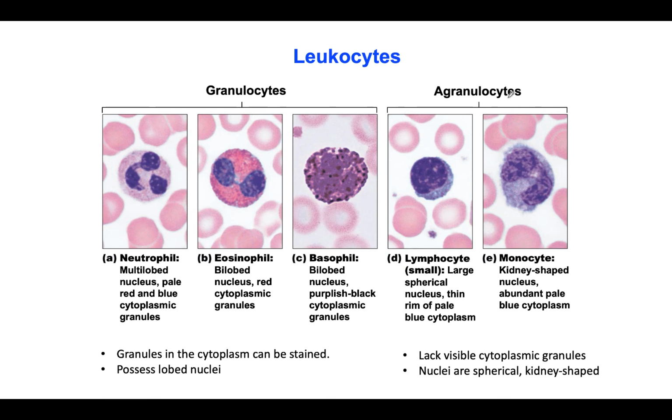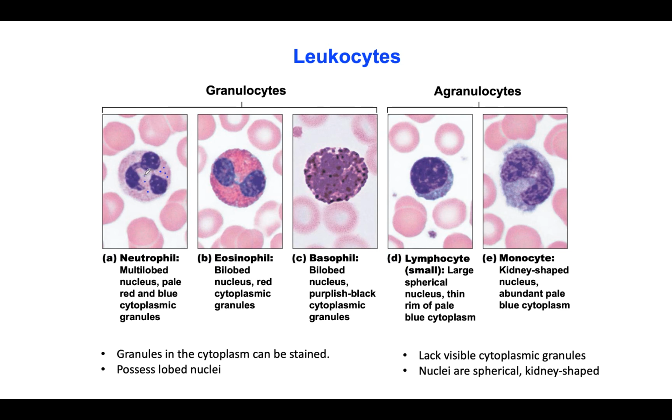In terms of agranulocyte, they also have a nucleus. Lymphocyte has a large nucleus, and monocyte has a kidney bean shaped nucleus. Granulocyte has granules in the cytoplasm. Here's the nucleus. In the rest of the cell, you can see some granules in the cytoplasm.